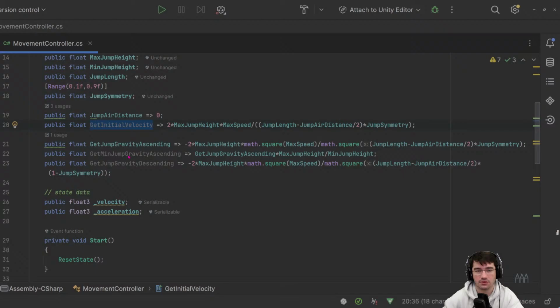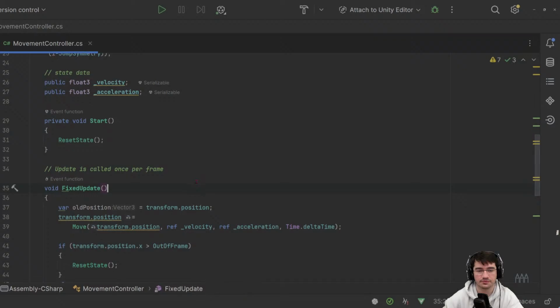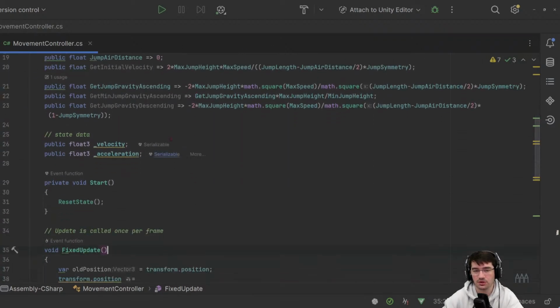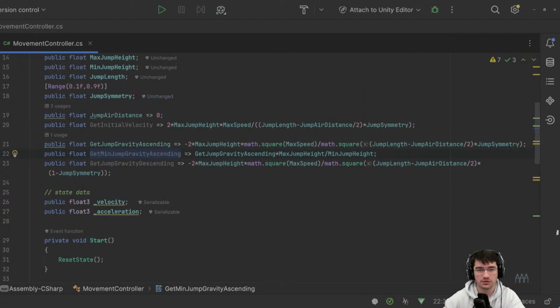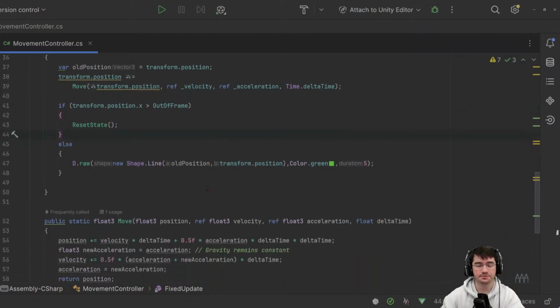Okay, initial velocity, gravity ascending, gravity descending. And we will assume first that the jump is symmetrical. So we'll have a 0.5 symmetry.